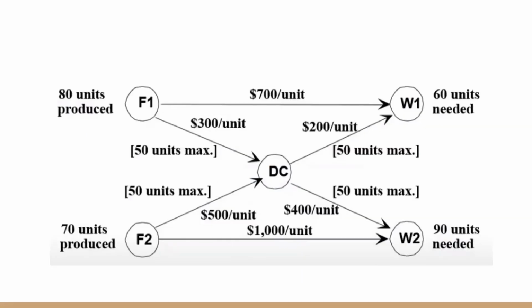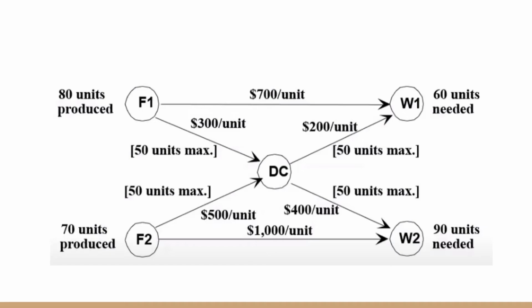So now, to be more concise, we go to the next slide. We have the description of the network model, but we have added some data. We still have the amount produced by the factories and the amount demanded by the warehouses. But now on each of the arcs, and an arc represents a connection between any two locations in the network.